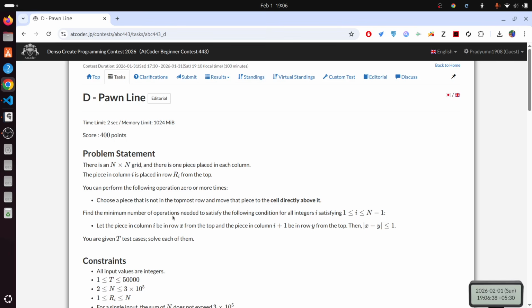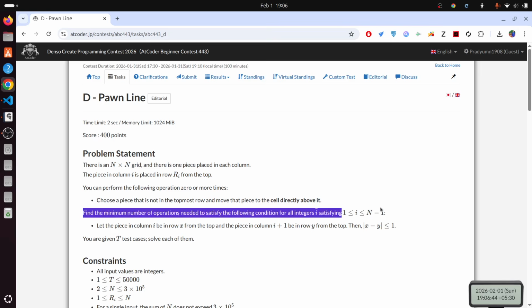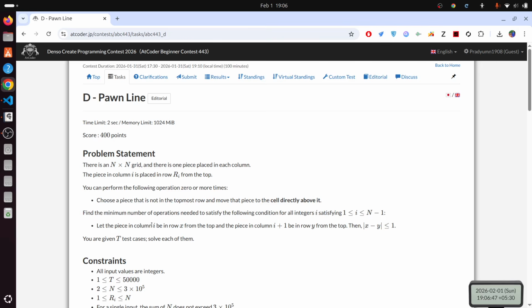Find the minimum number of operations needed to satisfy the following condition for all integers i from 1 to n minus 1. Let the piece in column i be in row X from the top, and the piece in column i plus 1 be in row Y from the top. Then the absolute value of x minus y should be less than or equal to 1.